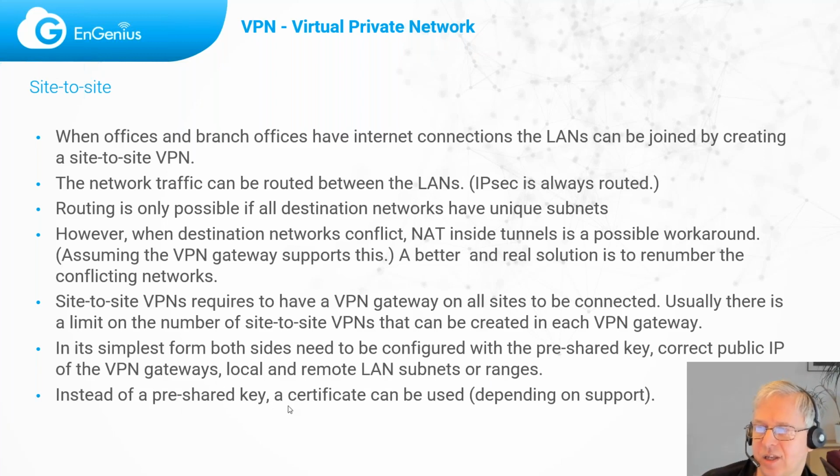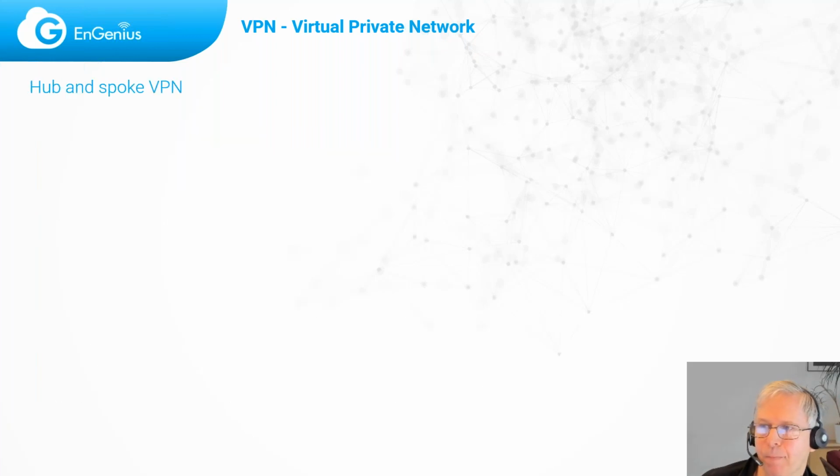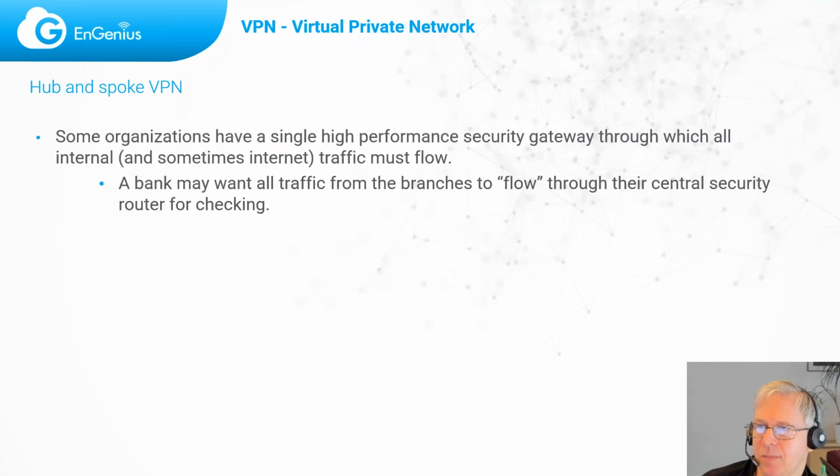And instead of the pre-shared key, some devices can use certificates. So about hub and spoke VPNs. In some cases, I'm thinking about banks, for instance, they want to route all the traffic to their central gateway and inspect the traffic there, and then put it to the internet.